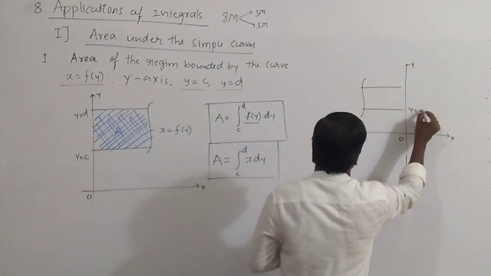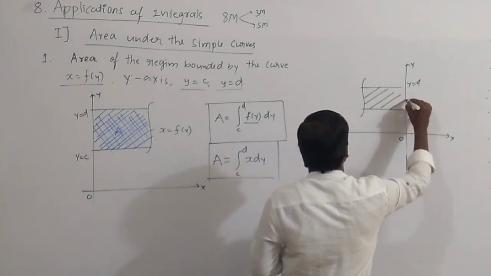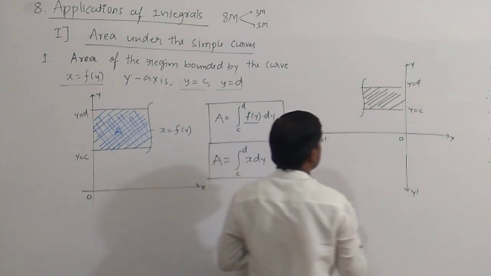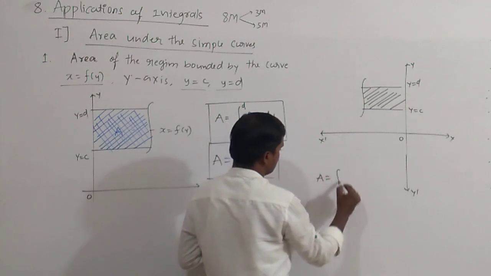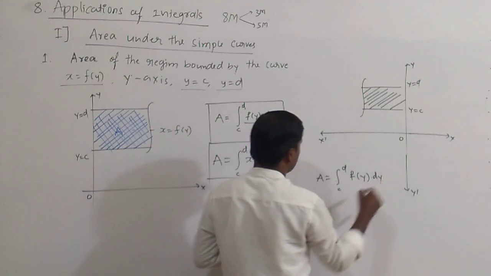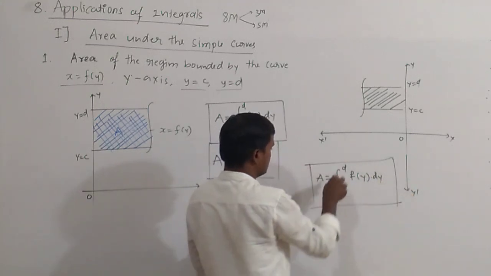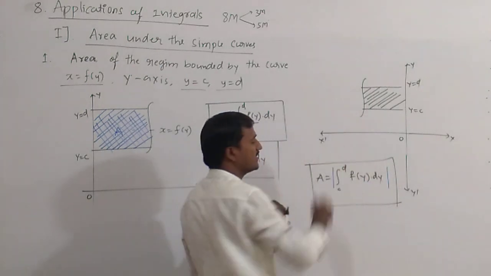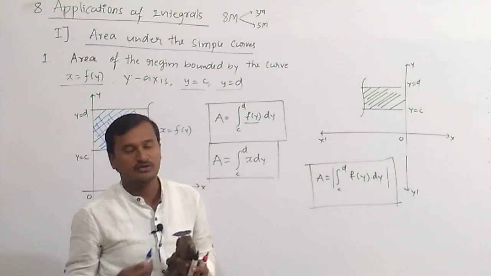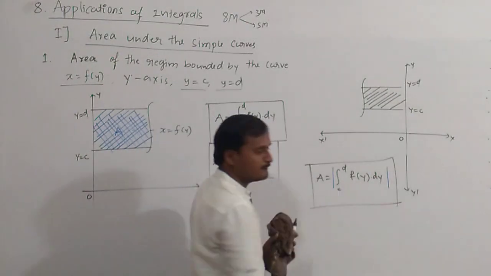So here it is y equal to c and here it is y equal to d, if you want to find this one. In this case we use the same formula, integration from c to d of f of y dy. For this we will take the mod, because after solving this, if you get a negative value, we know that area is not a negative quantity, so we have to take the mod, right?